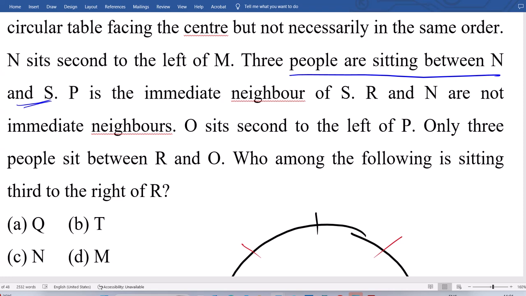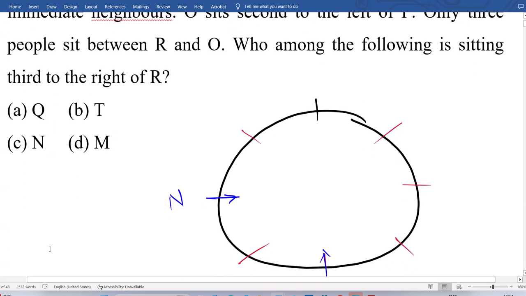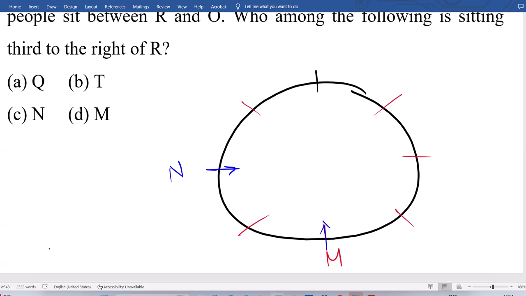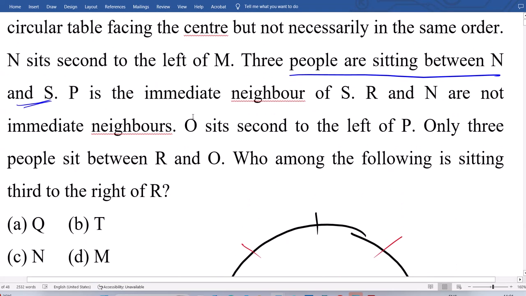Not given. Three people this way or that way, there are two chances. But total 8 people, right? 3 people in between means N and S are opposite. So N fixed, S fixed, M fixed. Now we have to identify the other statements related to N, S and M.